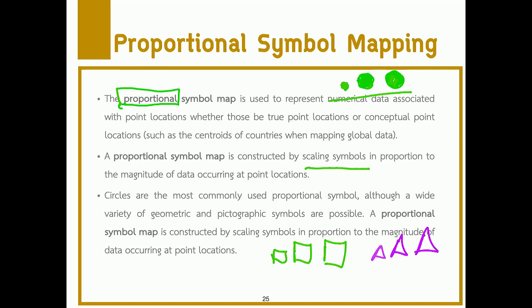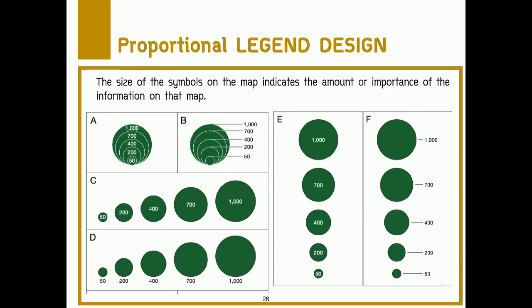Okay. Normally, they are located in the center of the bounding box. Okay. And when you show the legends, you can organize them like this and assign the value in each circle. For example, 50, 200, 400 like this.